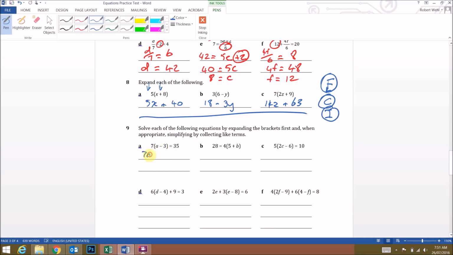So 7a, take away 7 times 3, which is 21, equals 35. There are no like terms. Okay, I've expanded. There are no like terms, so now I can isolate. So 7a equals, I add 21 to both sides, which gives me 56.